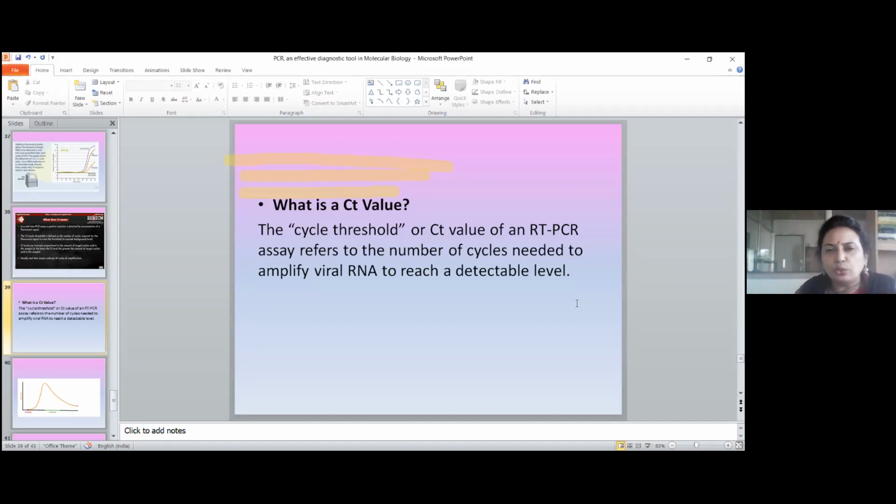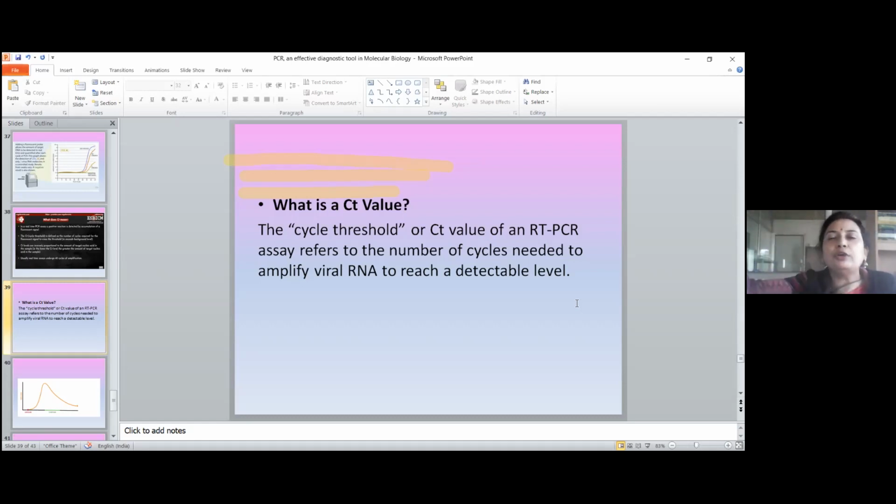So there is a threshold, and as your DNA is amplified, you carry out cycle 1, 2, 3, 4, 5, the cycle number goes on increasing, and at one point, say for example after 22 cycles, suddenly you see a green colored fluorescence peak crossing the threshold. That means 21 cycles of PCR were needed to amplify the DNA.